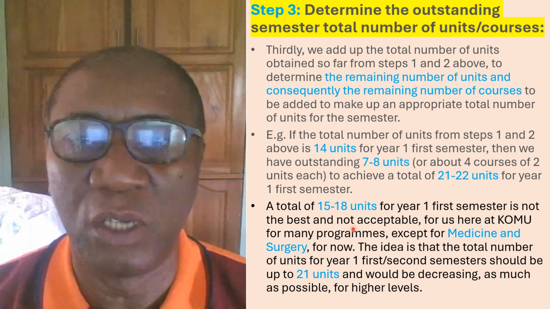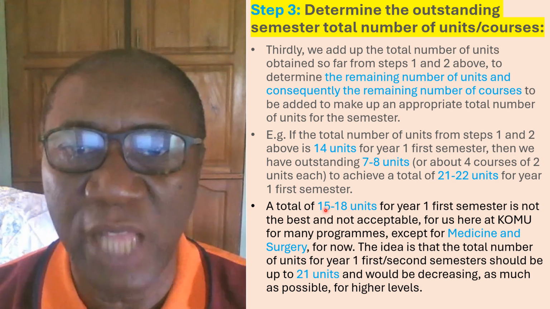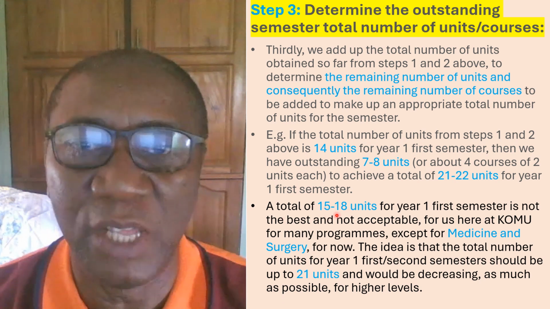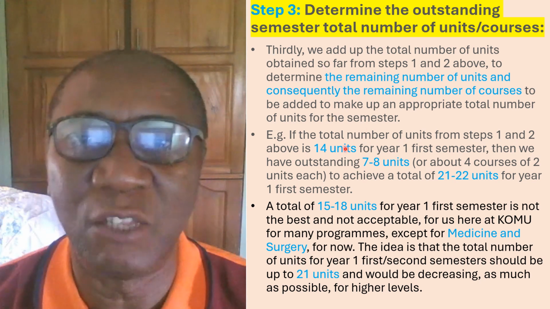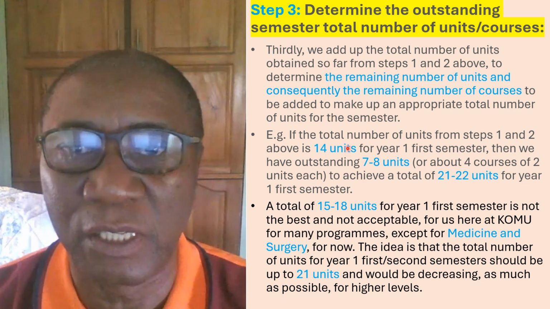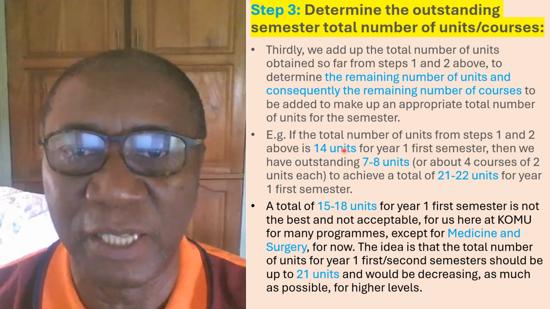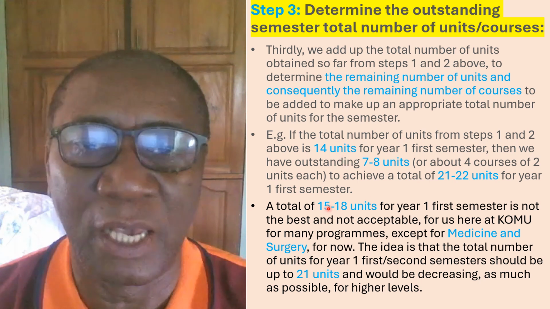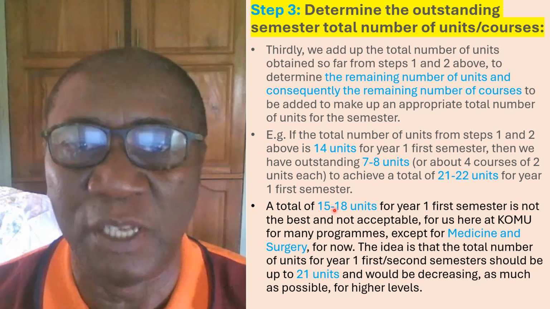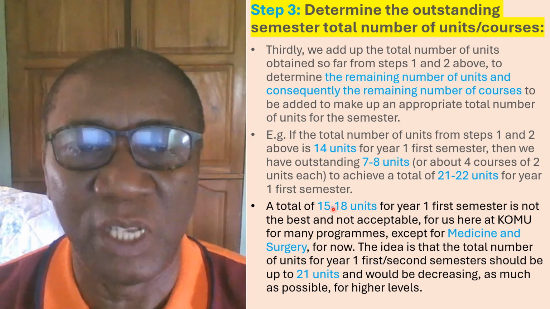So in year 1, for instance, it doesn't look nice for them to be doing 15 units. So if you have the 70% CCMAS and you've added all our compulsory GST courses for that semester, and you are getting 14 units, don't just add only 1 unit and say, okay, since they say minimum is 15 units, we've had 15 units, you stop there.